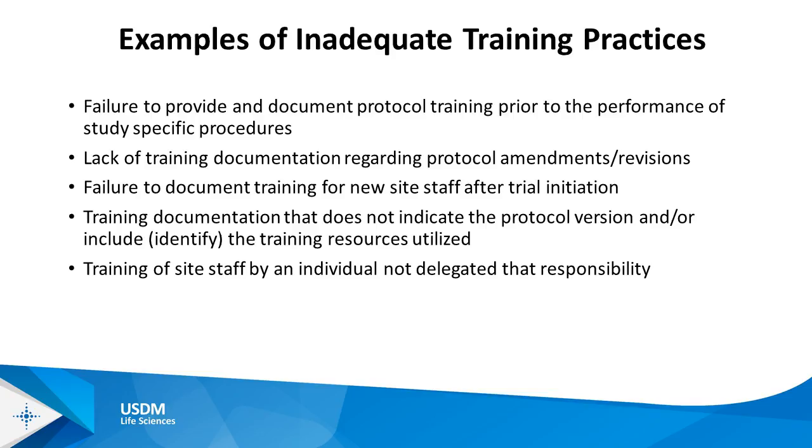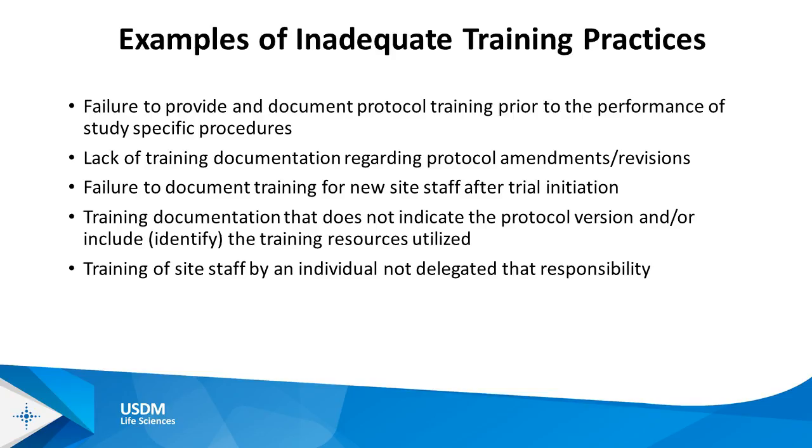When you have a number of amendments and revisions throughout the conduct of the study, and you notice that there's no documentation of the protocol version, how do you correlate the protocol version that was utilized to train that particular site staff? I've gotten some pushback from sites on this, where they've justified that you can look at the date of the training and determine what protocol version was currently in use at the site.